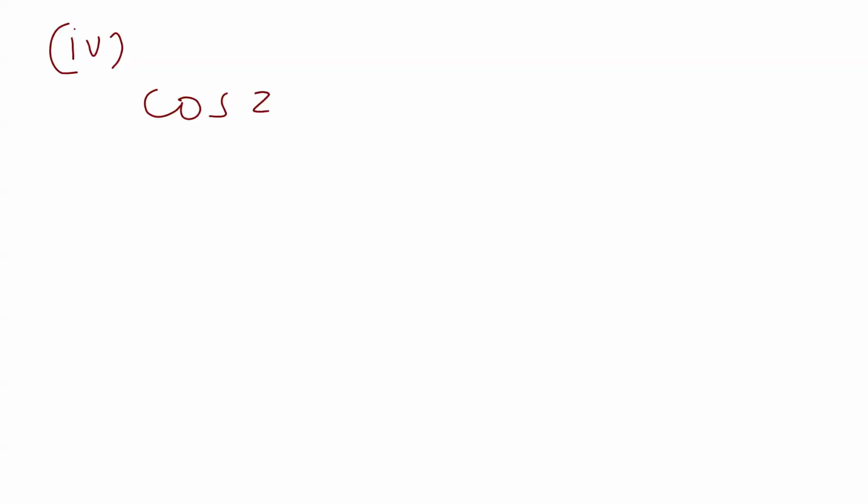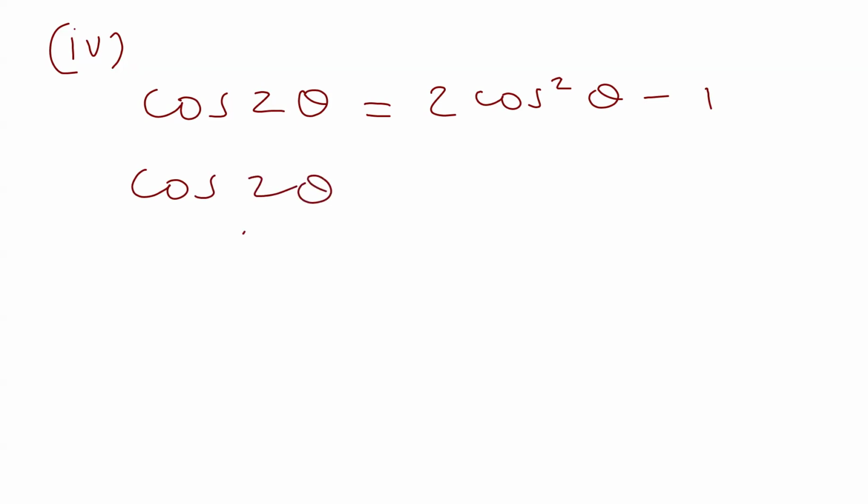Cos 2 theta is equal to 2 cos square theta minus 1. This is the basic formula. Now I will not write cos 2 theta over here, because from left to right, we are dividing the angle by 2. Fine. So I'll write this cos 2 theta on the left hand side. So 2 cos squared 2 theta minus 1.